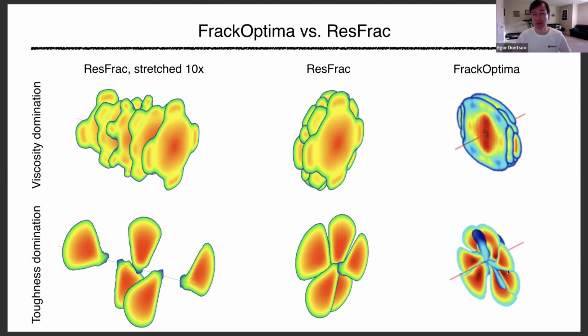Even when you run the same simulation twice, you may have a slightly different shape for every fracture. To avoid this in ResFrac, we add a little bit of perturbation of spatial fracture toughness, a few percent, so that we have a deterministic solution. We don't rely on round-off errors to determine our resultant fracture geometry.